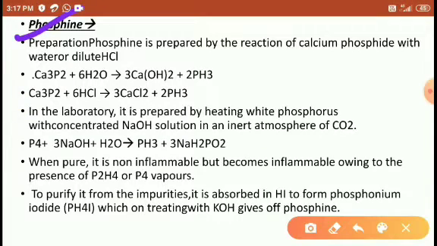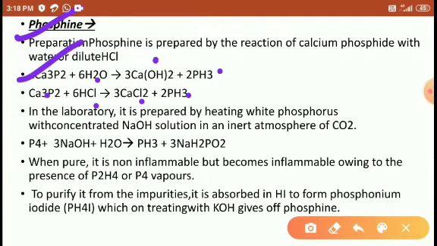Phosphine means PH3, students, PH3. It is prepared by treating calcium phosphide with water or dilute HCl. Look here: calcium phosphide treated with water forms calcium hydroxide and PH3. Calcium phosphide treated with HCl forms calcium chloride and PH3.